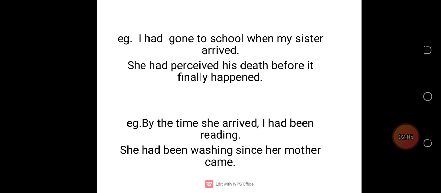Sentence 2, she had perceived his death before it finally happened. Then we have, by the time she arrived, I had been reading. She had been washing since her mother came.